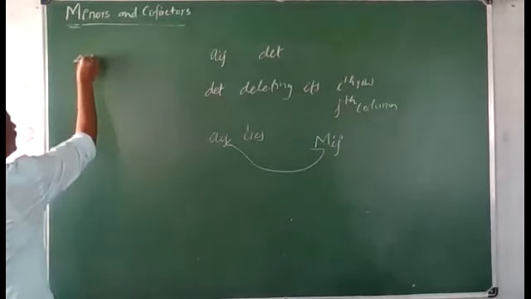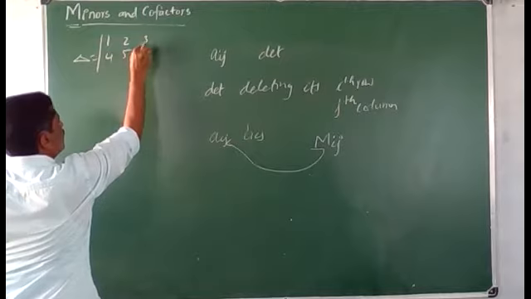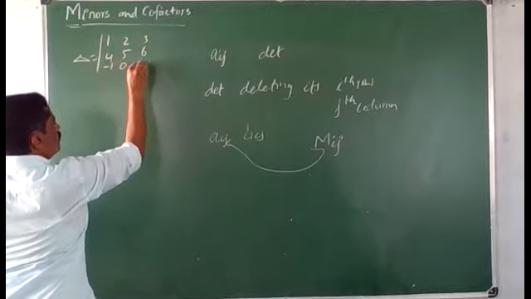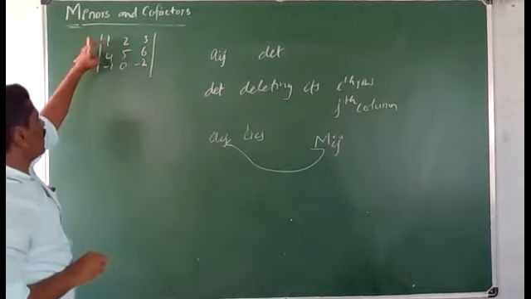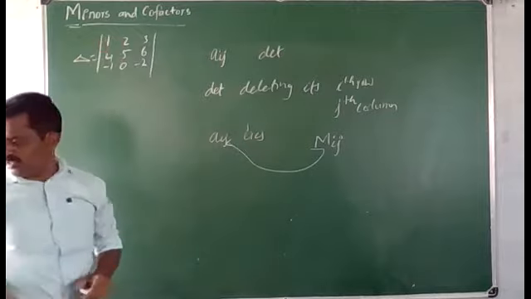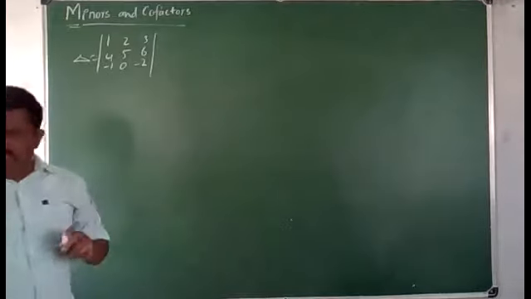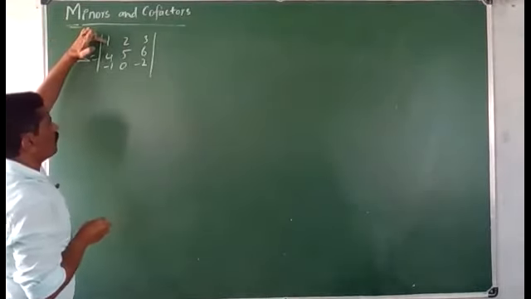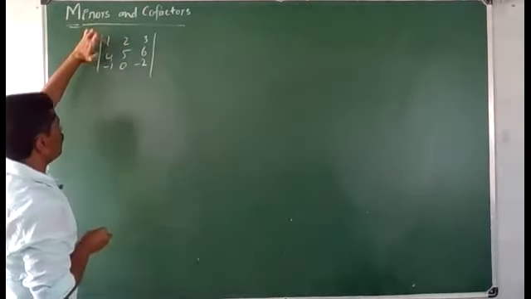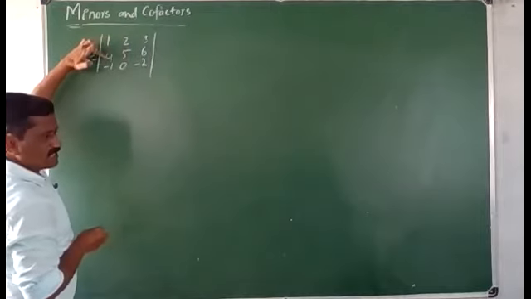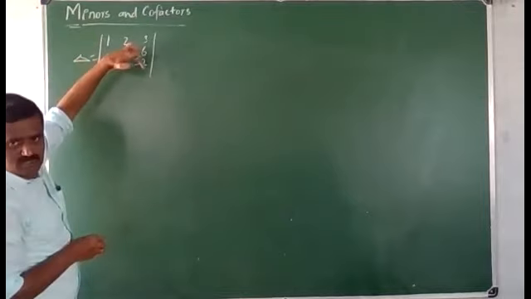Let delta be equal to the determinant with rows 1, 2, 3; 4, 5, 6; minus 1, 0, minus 2. Then how do we find the minors of these elements? We know that the minor of any element is denoted as Mij. The elements are A11, A12, A13; A21, A22, A23; A31, A32, A33.